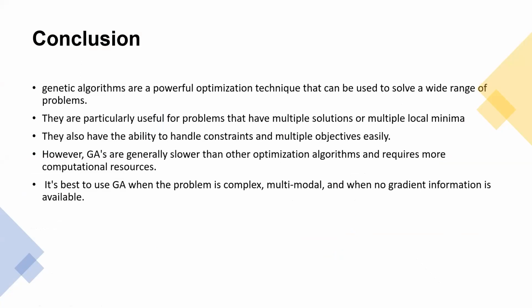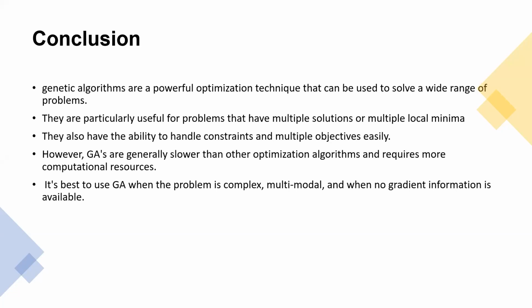They are particularly useful for problems that have multiple solutions or multiple local minima. They also have the ability to handle constraints and multiple objectives easily. These are the points which I have stressed from the beginning of the presentation. However, genetic algorithms are generally slower than other optimization algorithms for sure, and require more computational resources.